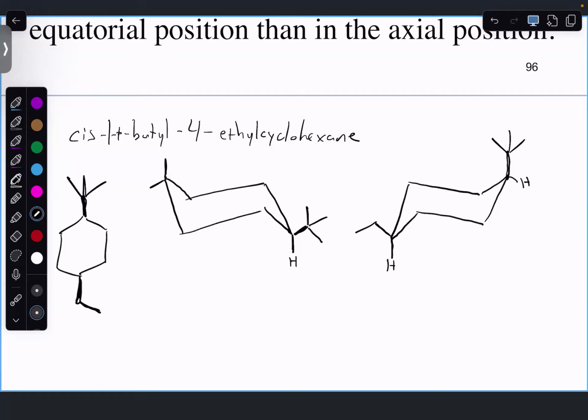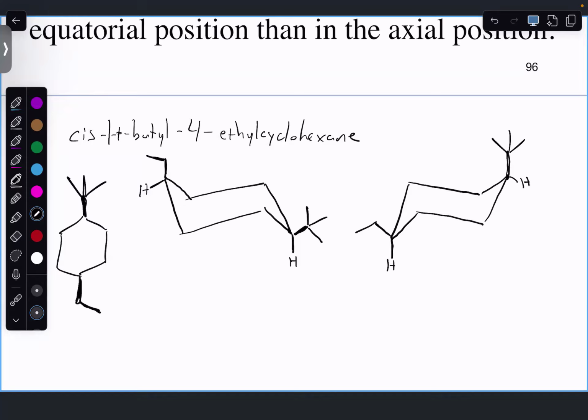Then on C4, the ethyl was originally up here. It needs to be up here as well. The last step, which one is better?